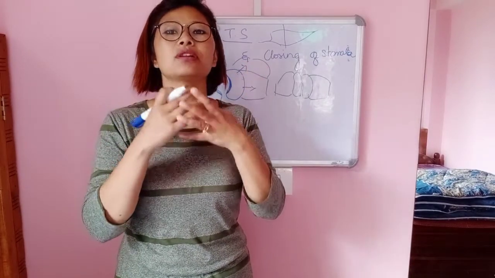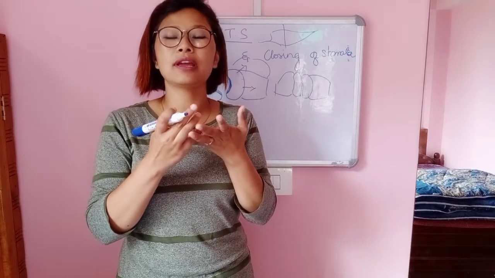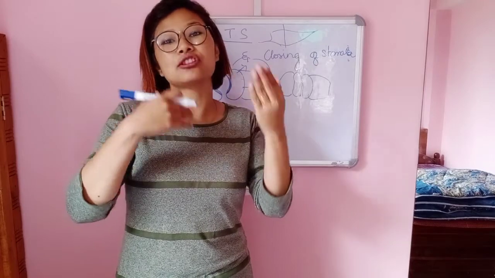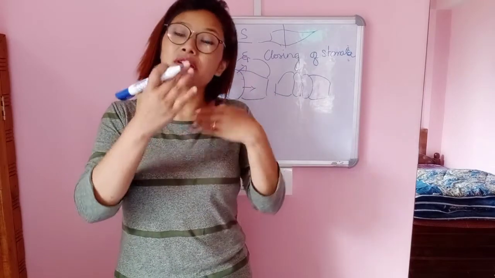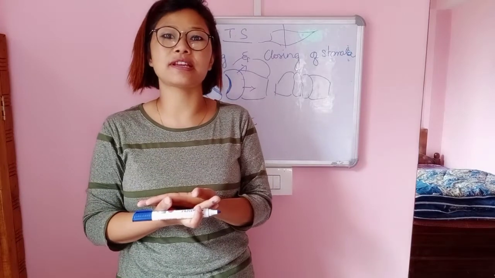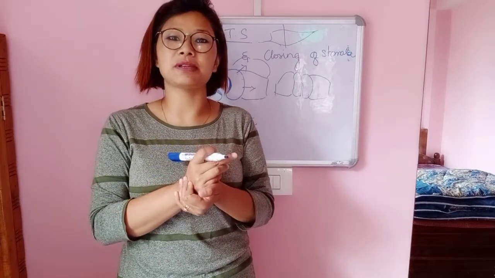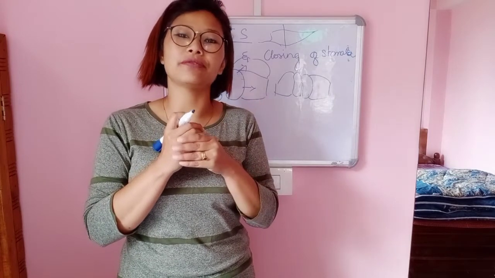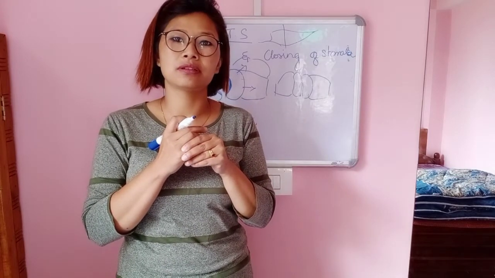Stomata is nothing but the opening. Because of the opening of the stomata, there is exchange of gases, and because of the exchange of gases, photosynthesis takes place, respiration takes place, transpiration takes place. That's why opening and closing of stomata in the plant is very important.